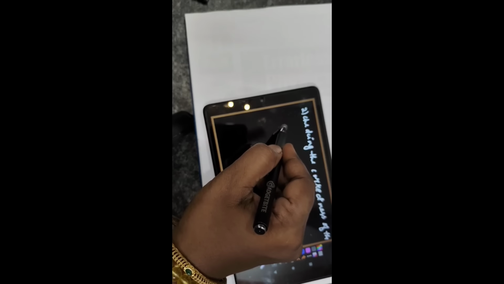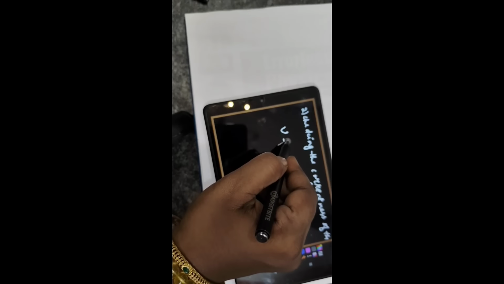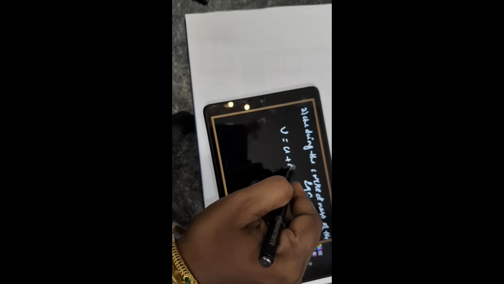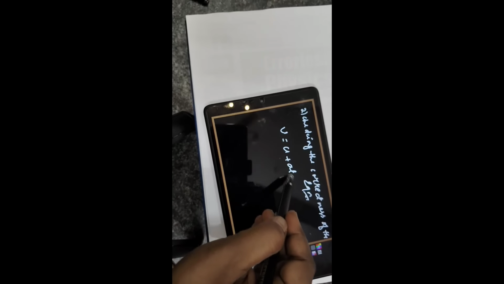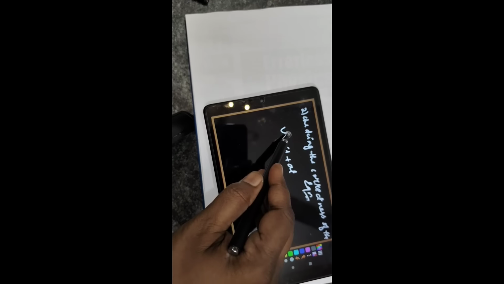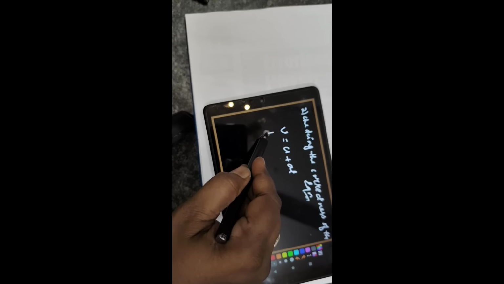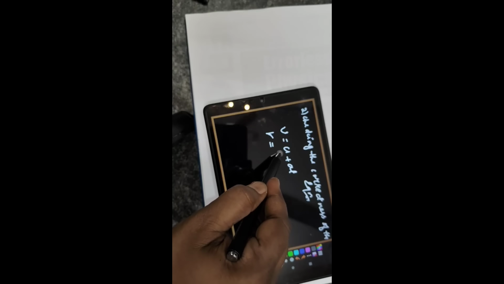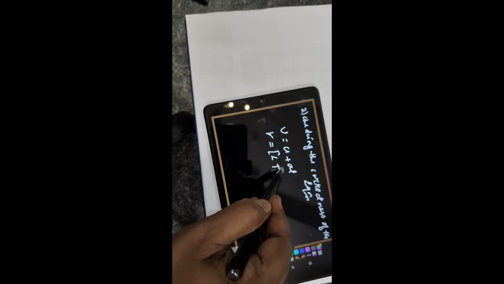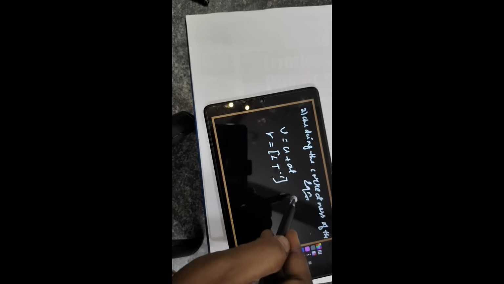So here let us take one equation, V is equal to U plus AT, a simple mechanical equation. Each one of the physical quantities we have to solve. V is equal to, the dimensions we have to take, L t raised to minus 1. So we got the V value.